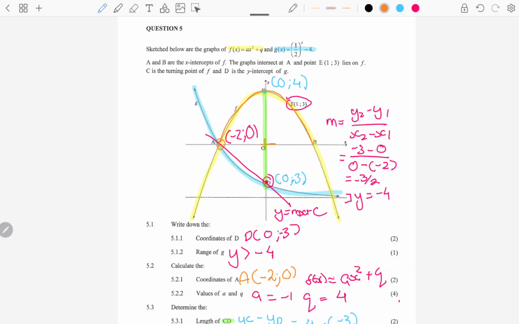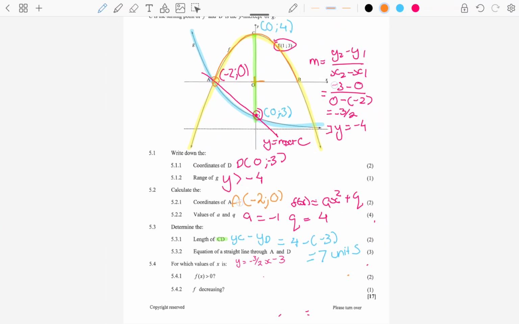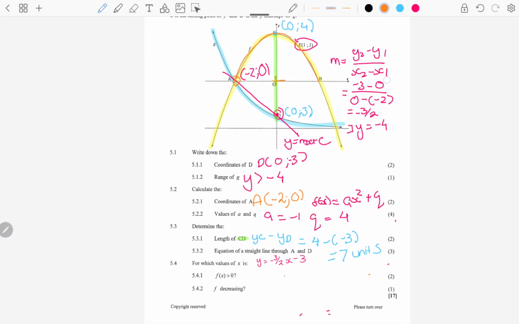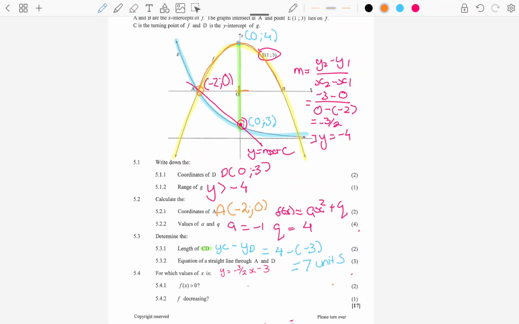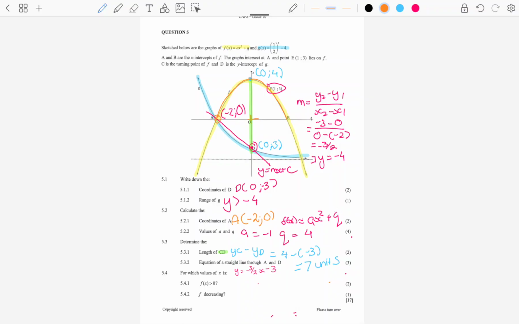Once it goes below the x-axis, it becomes negative. So you can see it's in between lines A and B. Since we know A is negative 2, B will also be positive 2.